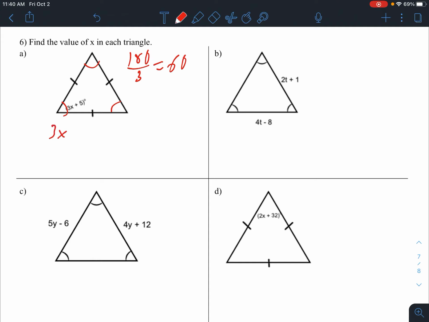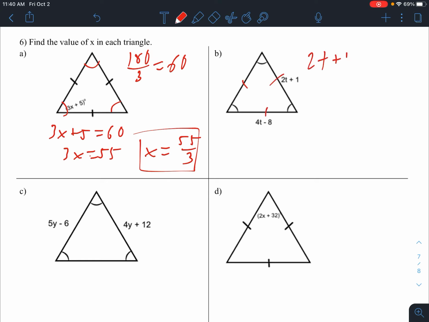So I can set 3x plus 5 equal to 60. Subtract 5. And divide by 3. Now this is not a whole number, so I'm just going to leave it as 55 over 3. Part B, since all 3 angles are congruent, that means all 3 sides are also congruent.